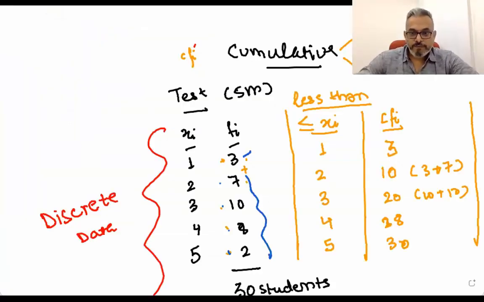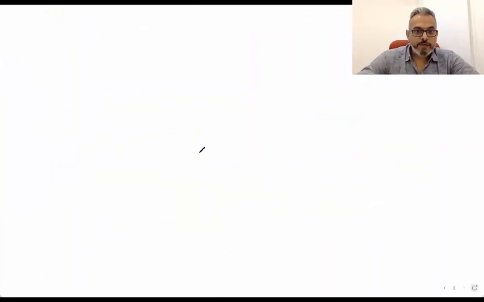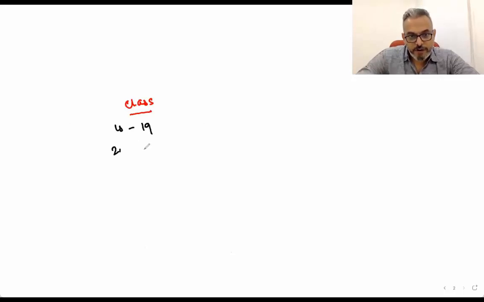Now, ध्यान देना सब. Say for example, you are given classes like this: 10 to 19, 20 to 29, 30 to 39, 40 to 49, 50 to 59.